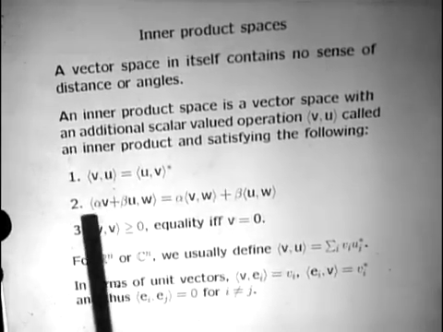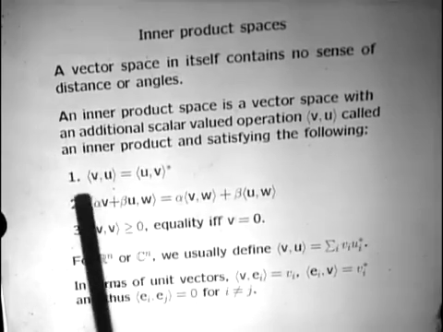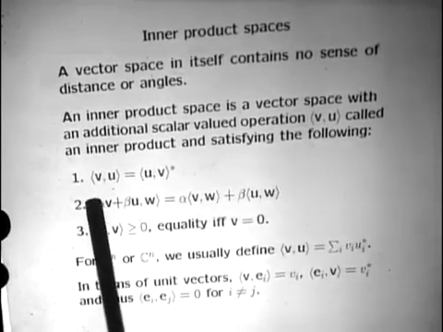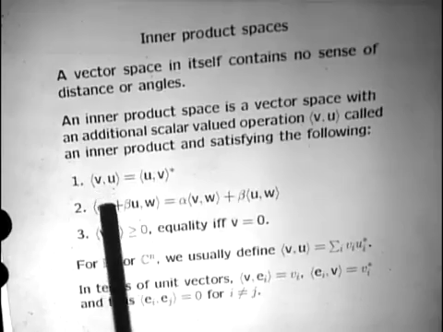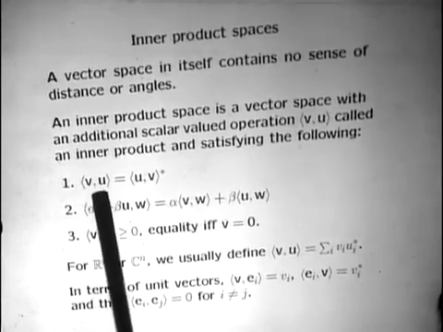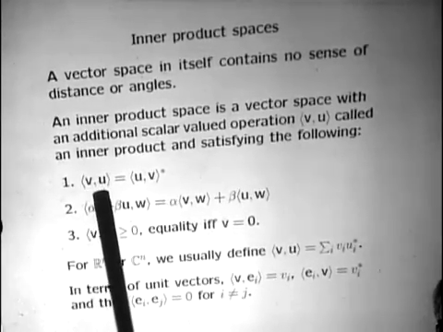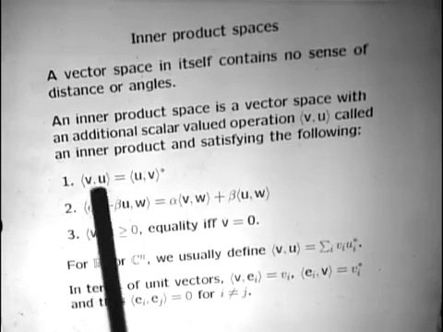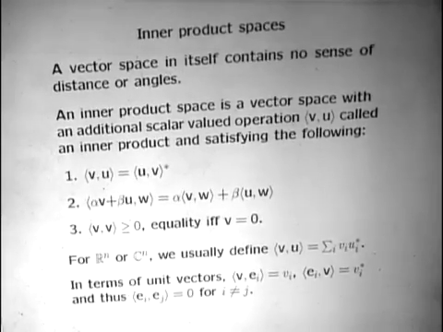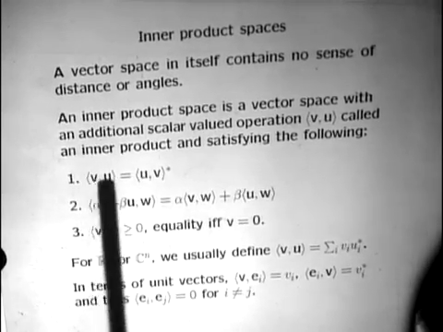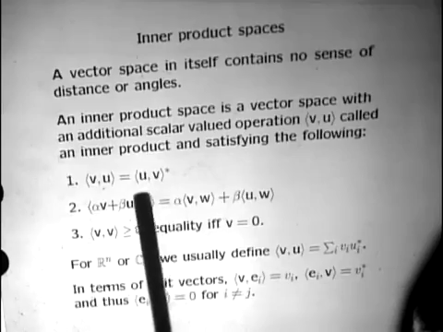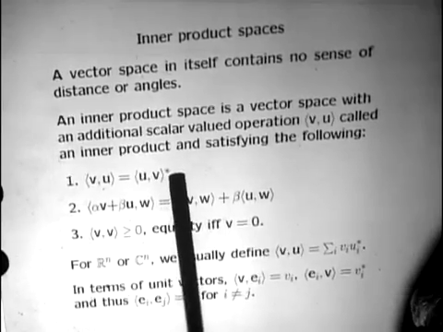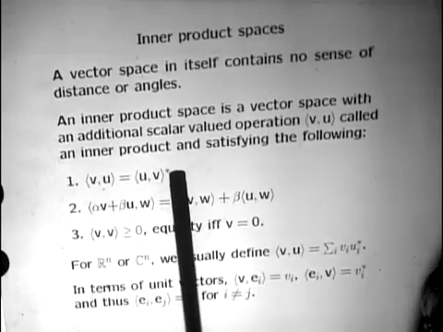And the axioms that these inner products have to satisfy: if you're dealing with a complex vector space, in other words, where the scalars are complex numbers, then this inner product, when you switch it around, you have Hermitian symmetry, which means that this inner product is equal to the inner product of v and u, complex conjugate.